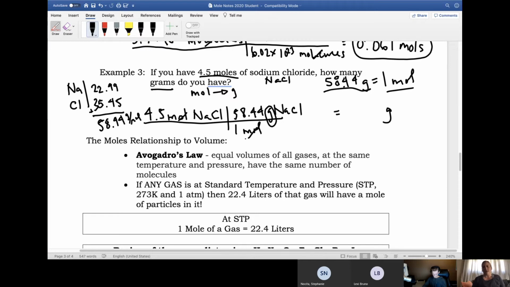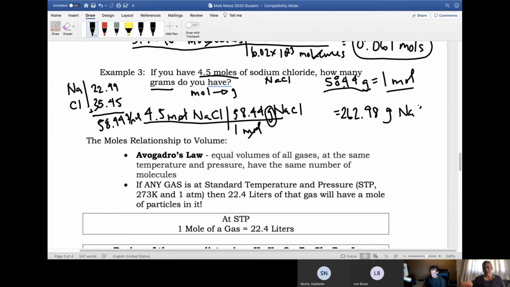Multiply across the top, divide by what's on the bottom. So 4.5 times 58.44. What do you get? 262.98. I also get that number. Grams of sodium chloride.